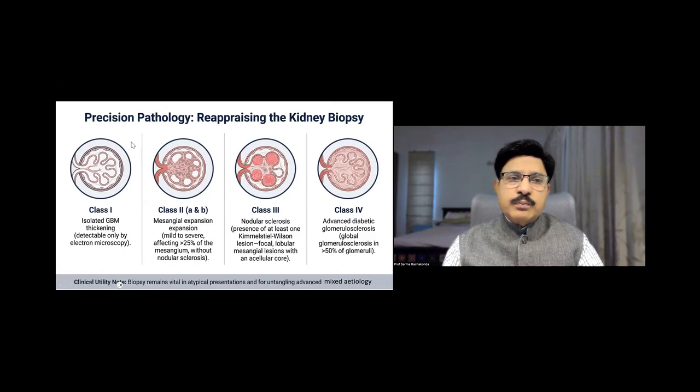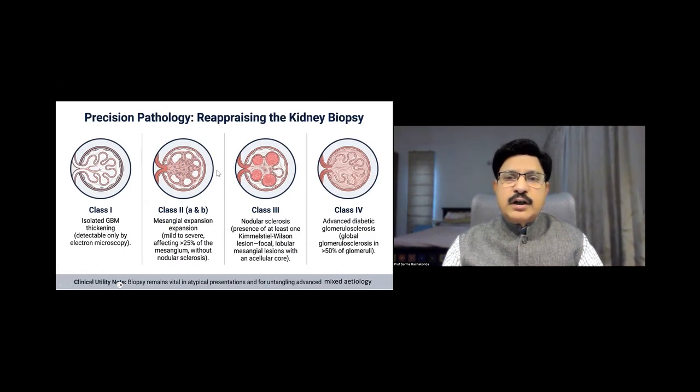Now, as far as the pathology is concerned, from the biopsy we can classify them into four classes: class 1, 2, 3 and 4. Class 1: isolated GBM thickening detectable only by electron microscopy. Class 2, divided into A and B: mesangial expansion, mild to severe, affecting more than 25% of the mesangium without nodular sclerosis.